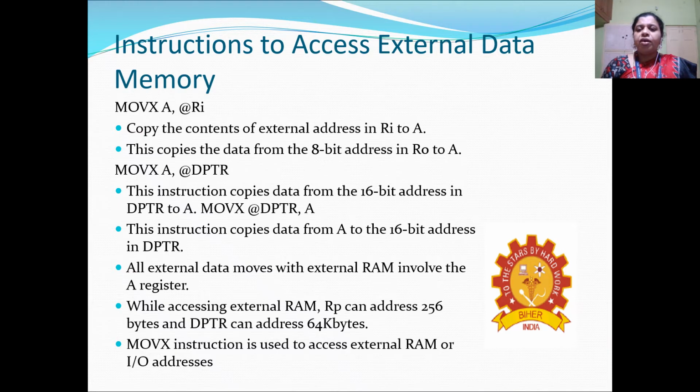When we want to access external data memory, the instruction used is MOVX. The first one is MOVX A, @Ri. That is, the external address will be in Ri, so from that address the content will be moved to the accumulator.